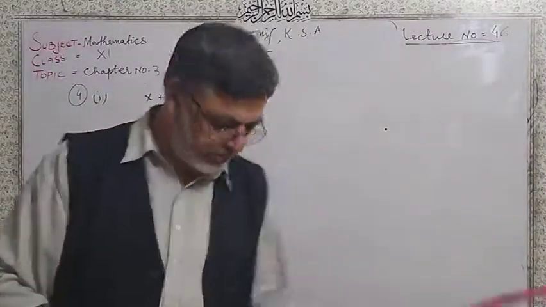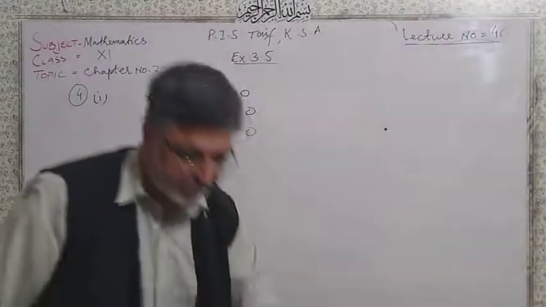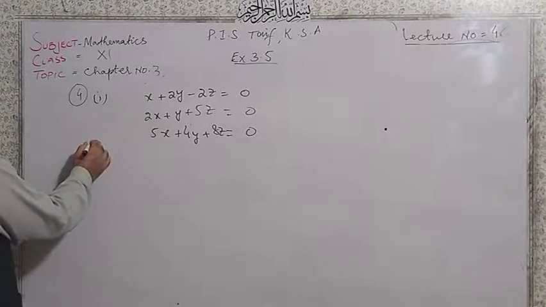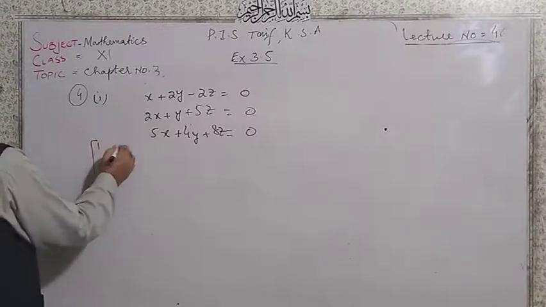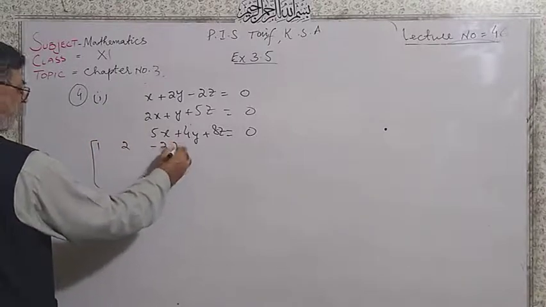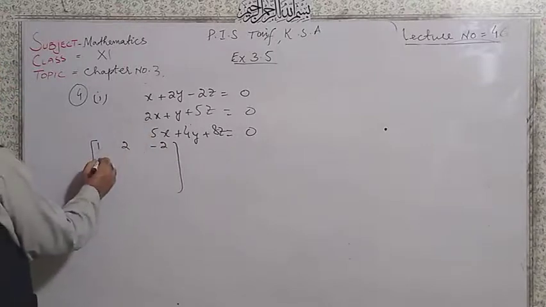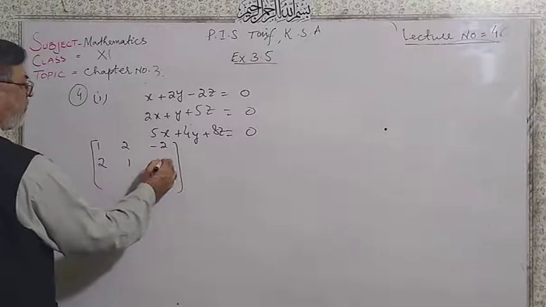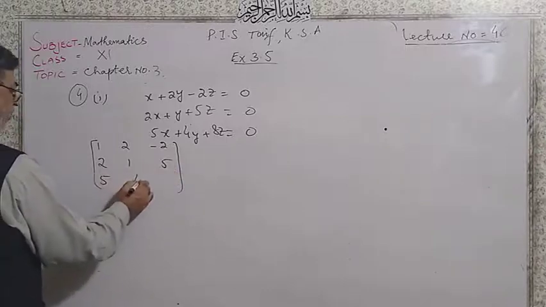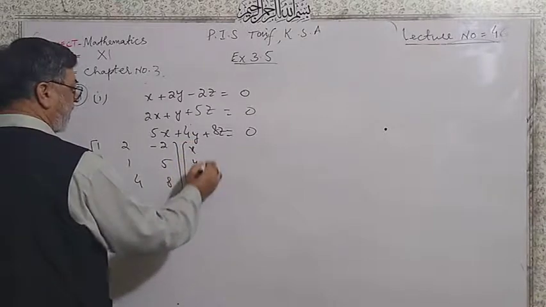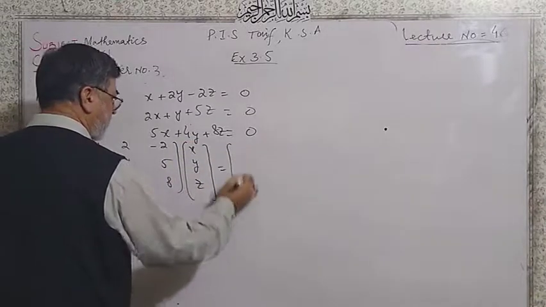Dear students, now first of all, we will convert it into matrix form. 1, 2, minus 2; 2, 1, 5; 5, 4, 8. This is the matrix of coefficients. Next is the column matrix of variables.